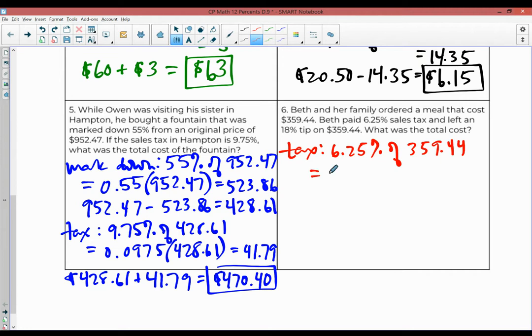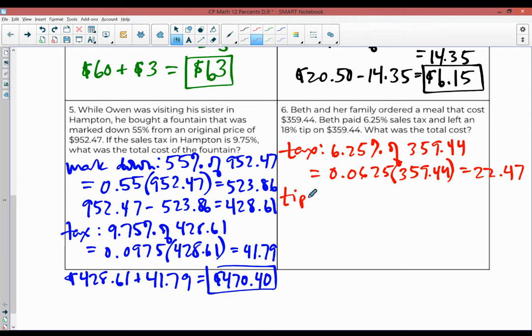$359.44. So that's 0.0625 times $359.44, which is $22.47. All right, so that's just the tax.